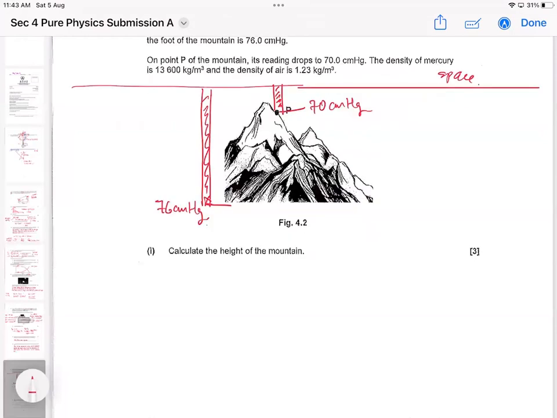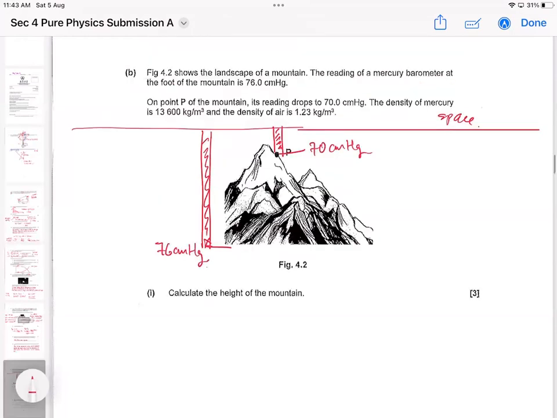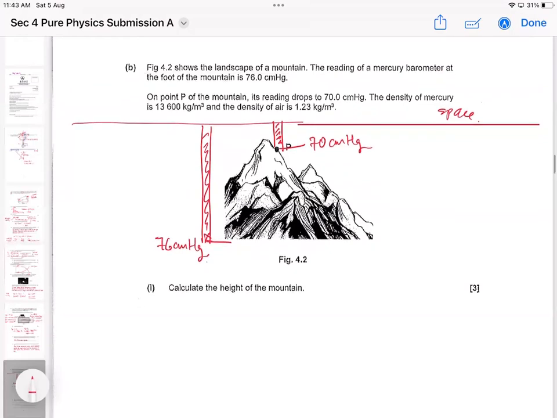Okay, so one of the first things that I can do is find out the difference in pressure between the bottom and point P. So the bottom pressure is larger, so our ρgh at the bottom minus ρgh at the top.